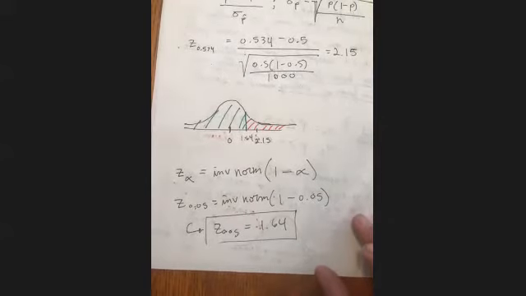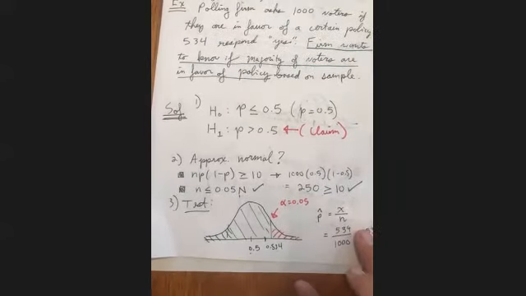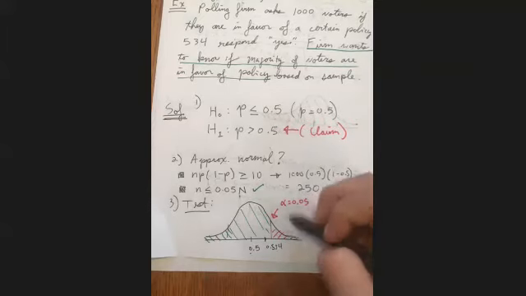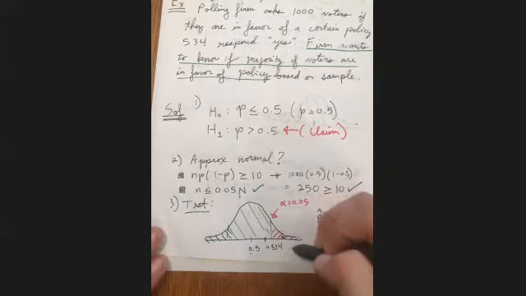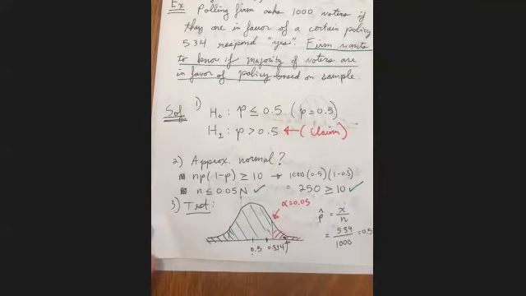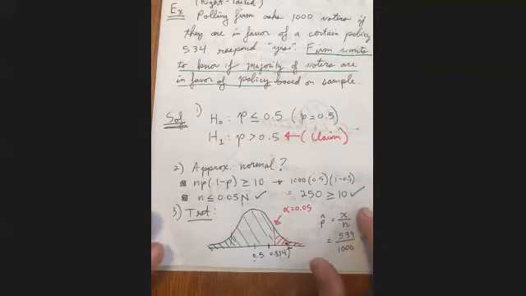So if this value falls within that rejection region, then we reject the null hypothesis. If we were doing this not in Z land, but back in P land, the 0.534 would actually fall somewhere over here in the red area. So that tells us that we need to reject the null hypothesis.